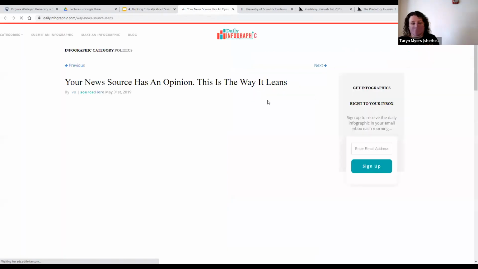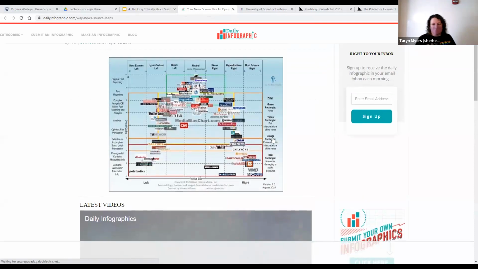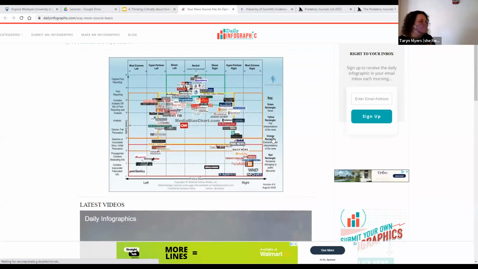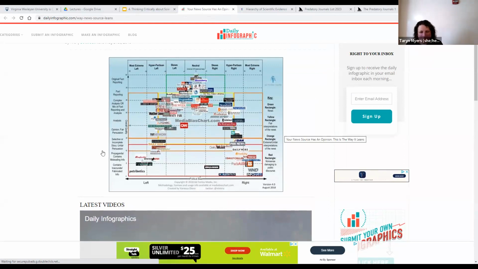They take all these different media outlets and they look at how partisan they are, and also how much of their reporting focuses on actual news as opposed to more entertainment stuff or just making stuff up.